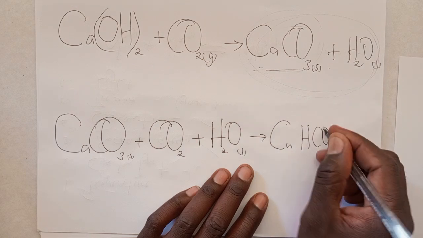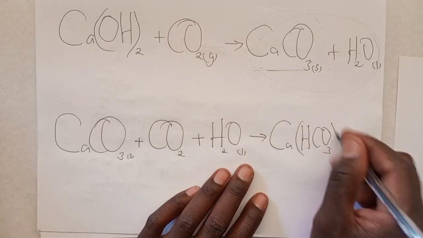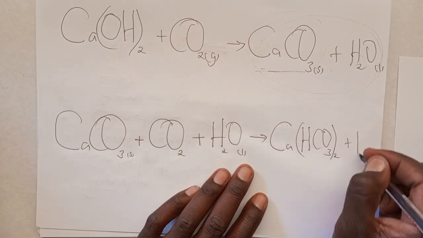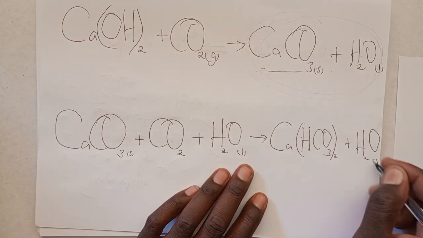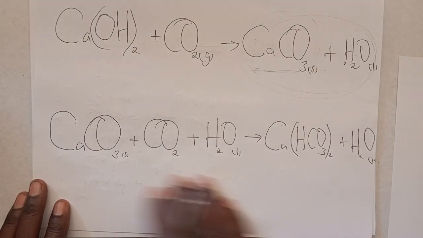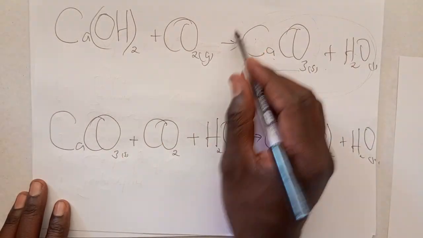Remember, hydrogen carbonate is a radical with a valence of 1, plus water itself. This is what you are going to produce when you continuously add carbon dioxide to this product.